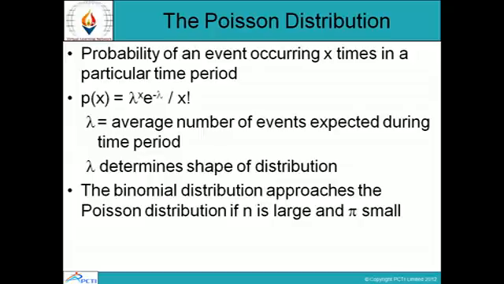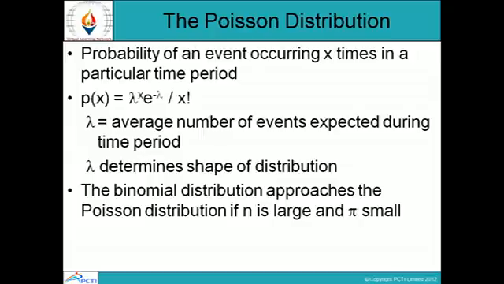X is the expected number of outcomes and e is an exponential constant. Here the formula is given in another form: P(x) equals lambda to the power x, e to the power minus lambda, divided by factorial x, where lambda means the average number of events expected during the time period, that means it is equal to m.